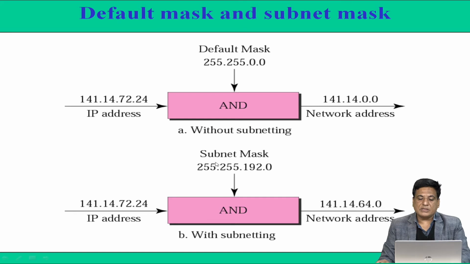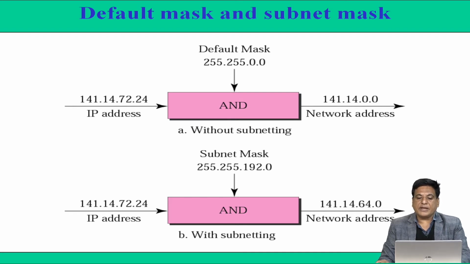The number of extra ones tells us that we are performing subnetting, and how many subnets we are creating depends on how many more ones we use than the default. Here, 255.255.192.0 uses two ones more.